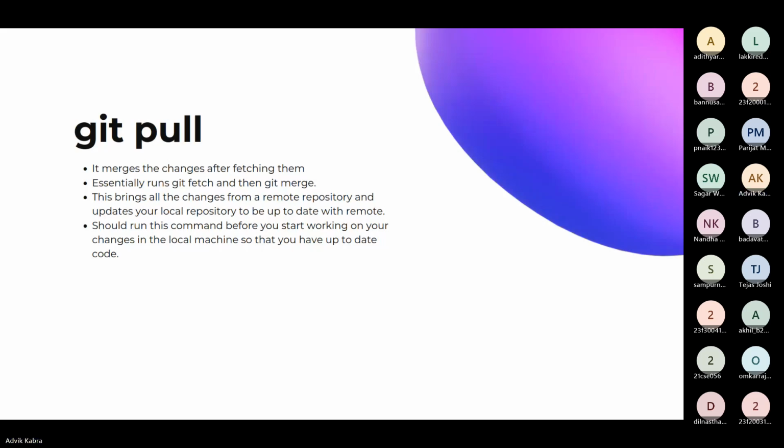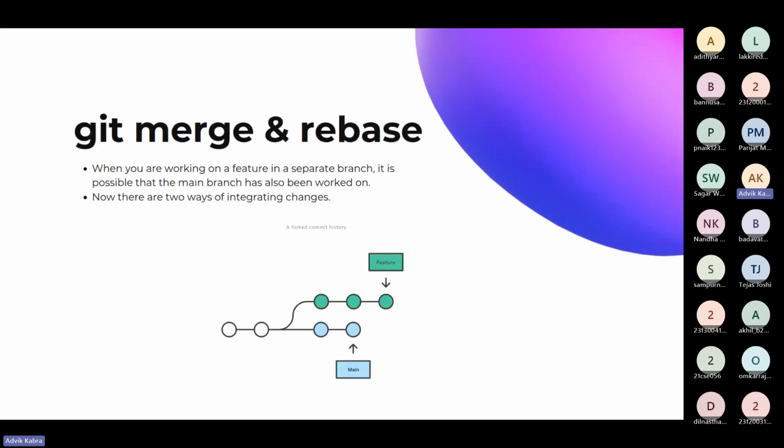So you should always run this command before you start working on some new feature, some new bug fix, whatever you're working on. You run a git pull first so that you are with the latest code base. So yeah, there are some things you can come across if you run a git pull. You'll have some issues. Say both of you have worked on some work which is conflicting.